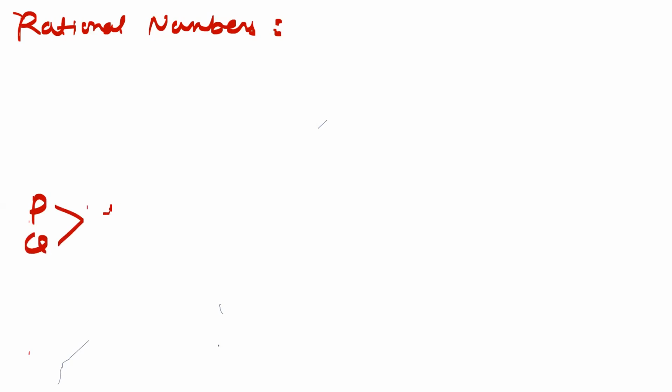Now tell me, what is the definition of rational numbers? Rational numbers are numbers in the form of fraction p upon q. Basically, p and q are representing integers. They can be either negative numbers or positive numbers as well.